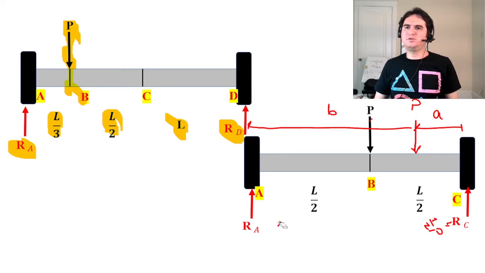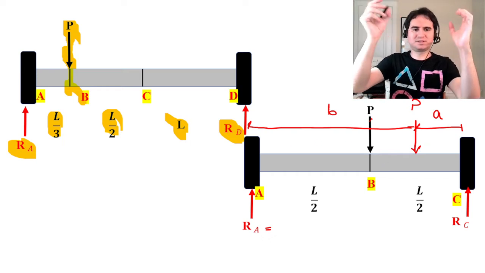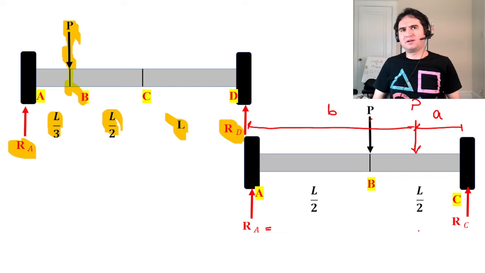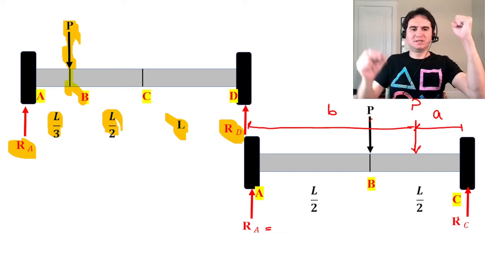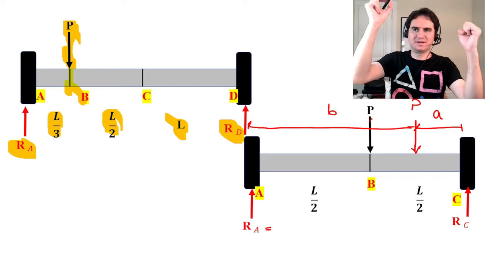In that scenario, the force is not distributed evenly between the two supports. The closer the support is to the force, the more weight it carries. So from intuition, RC is bigger than RA.